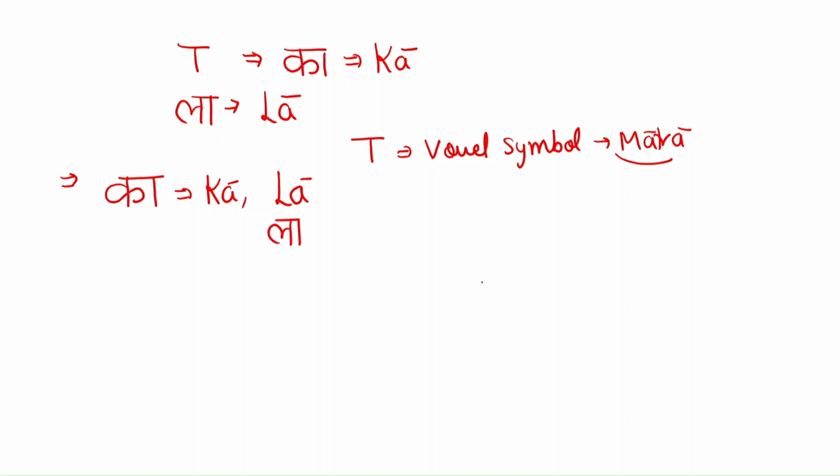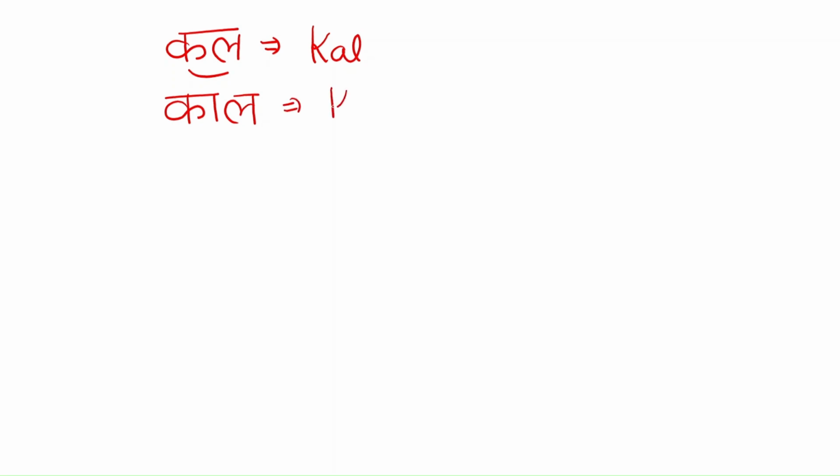Now let's form a few words. K and le. Kal. Repeat after me. Kal. K with vertical bar ka and le, kal. Then K with the bar and le also with the bar.